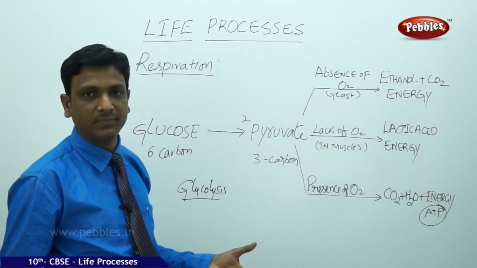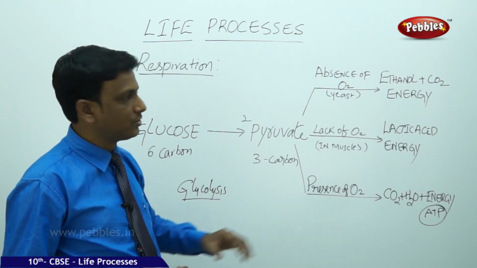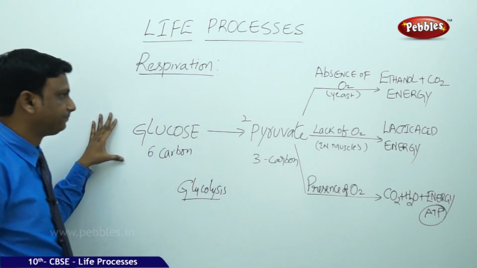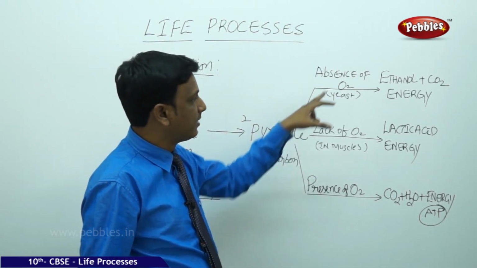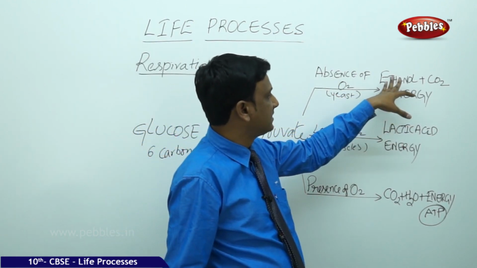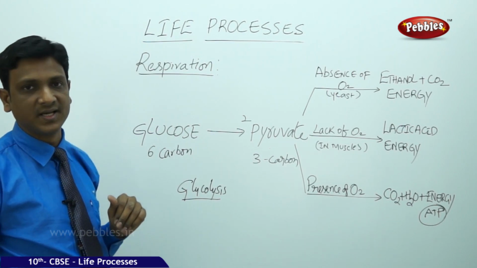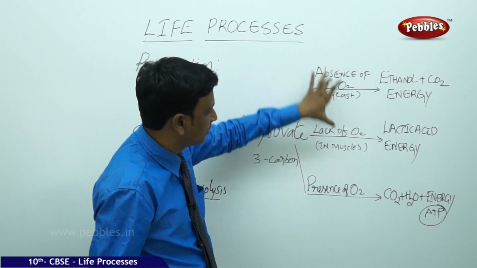The organism cannot completely utilize the pyruvate. So in anaerobic respiration, these organisms get less energy out of the glucose when compared to aerobic organisms. Along with the energy, some other material is also synthesized. So these are the differences between anaerobic respiration and aerobic respiration.